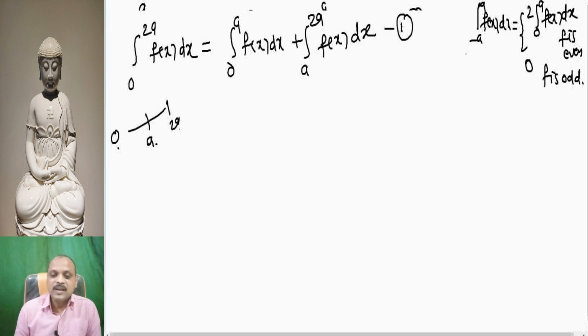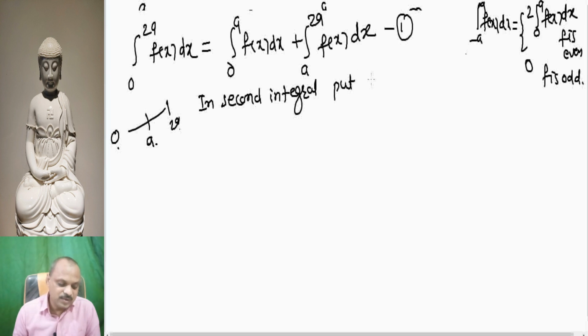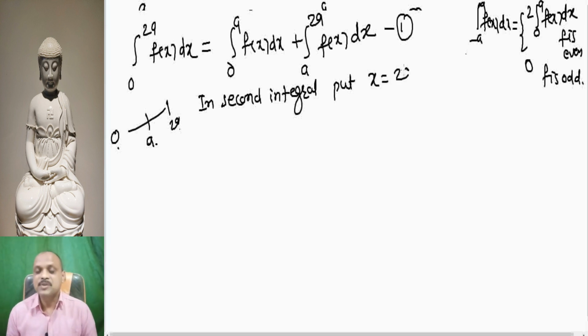Now in the second integral we put x equal to 2a minus y. Then if we put x equal to 2a minus y, dx equals minus dy. Now see the limits.